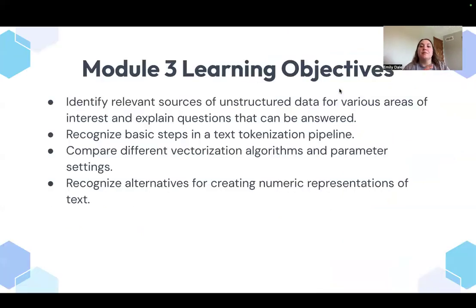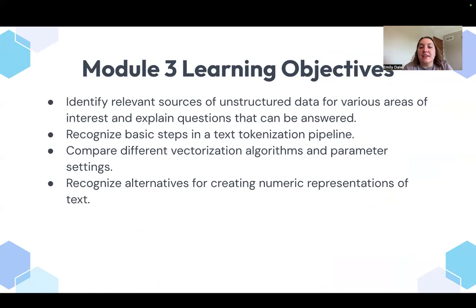For this module, some learning objectives. You'll notice that first one is something we're going to focus on throughout this term: identifying relevant sources of unstructured data for various areas of interest and explaining questions that can be answered. So understanding what data is out there, what it can be used for, and how we go about putting A and B together.